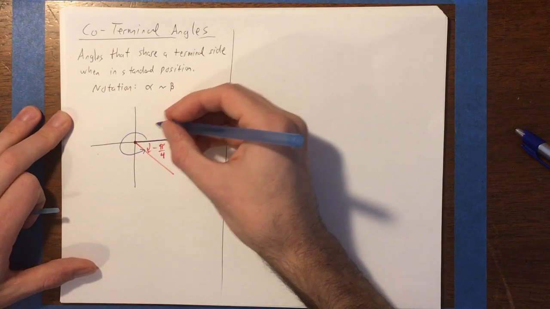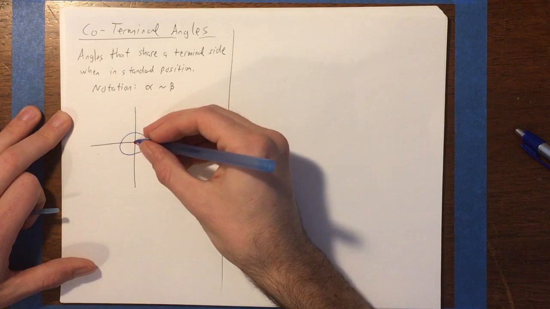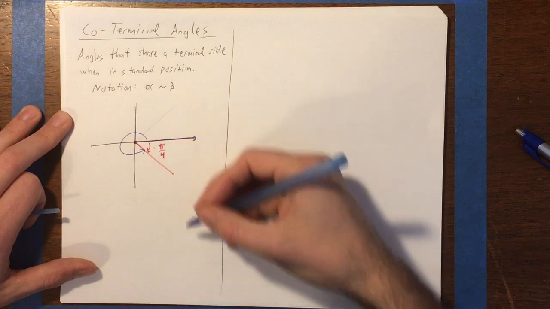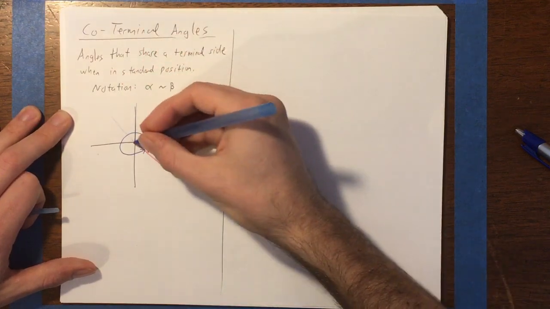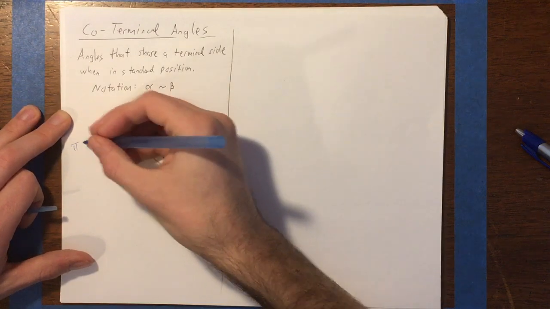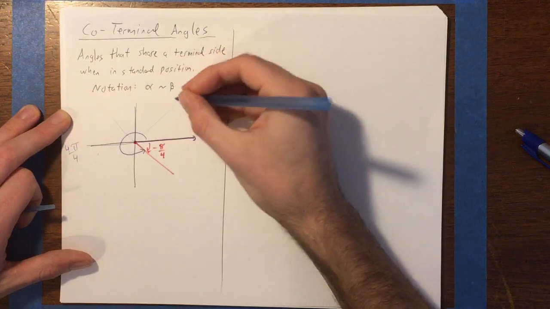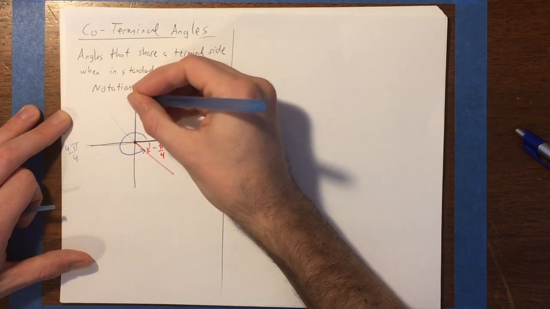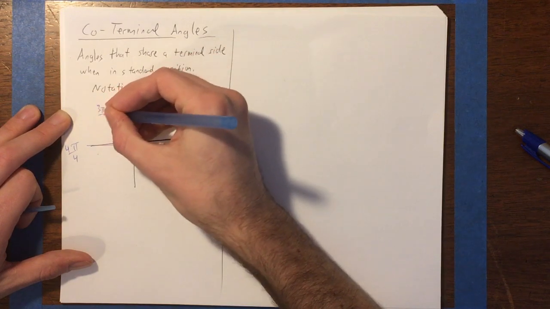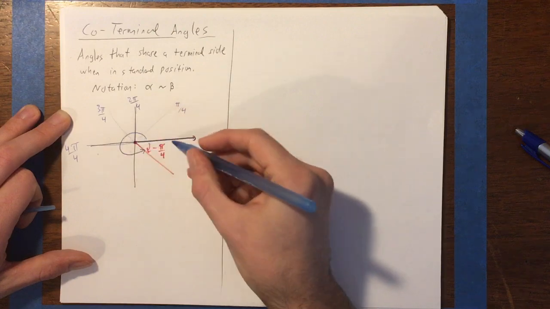Well, that's going to be, let's see, we've got 1 pi over 4, 2 pi over 4, 3 pi over 4, 4 pi over 4. This is pi over here, right? So that's 4 pi over 4. I'm just literally counting fourths.